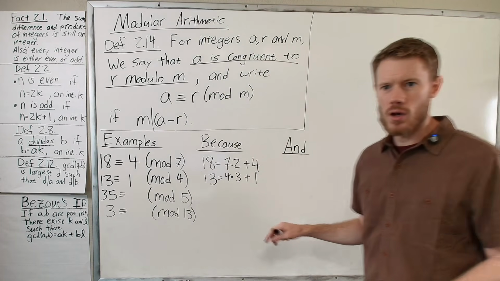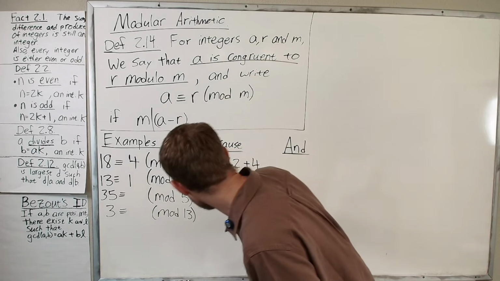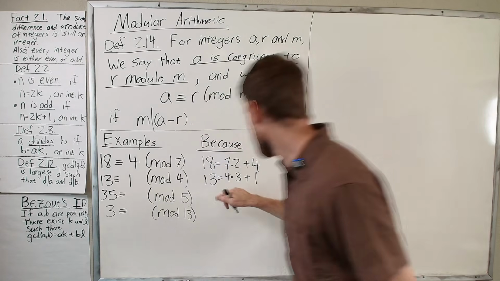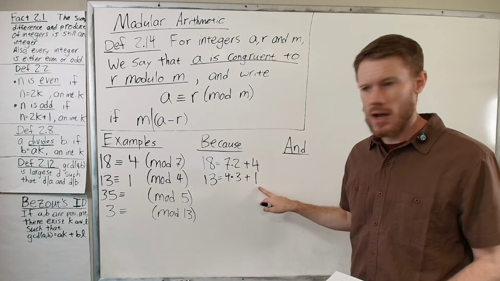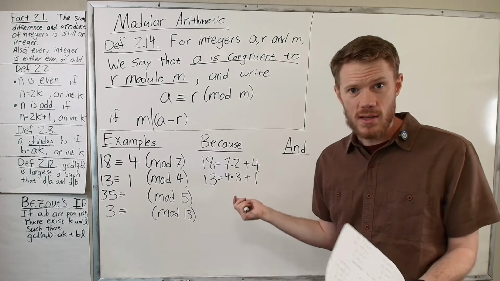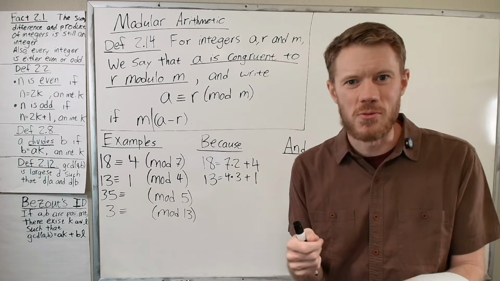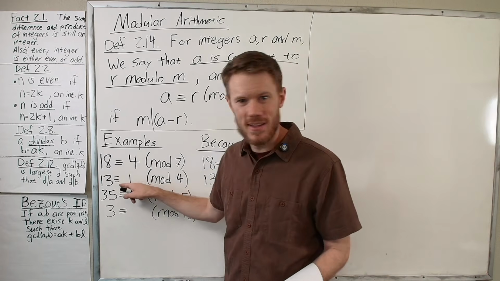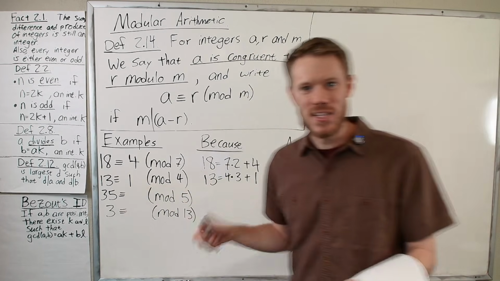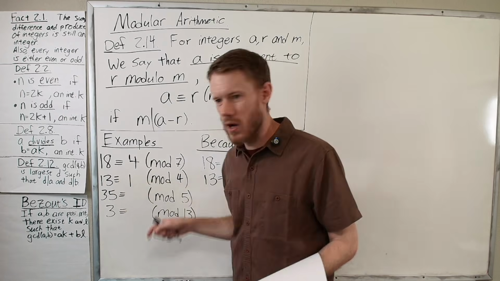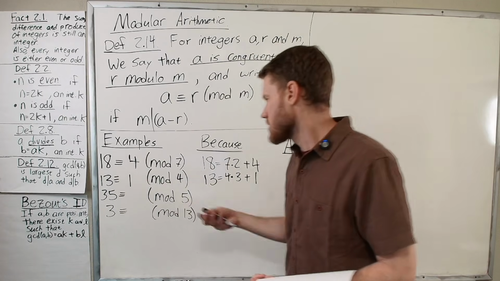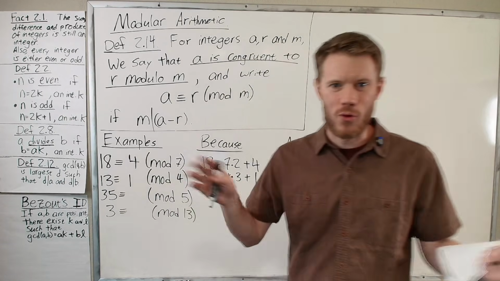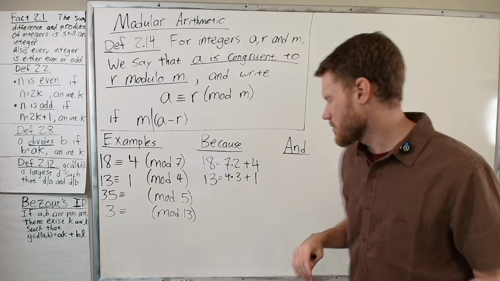So 13 and 1 are congruent. Congruent meaning they're almost equal. It almost looks like an equal sign, and that's what I want you to think about. 13 and 1 are almost equal when you're considering this mod 4 context.